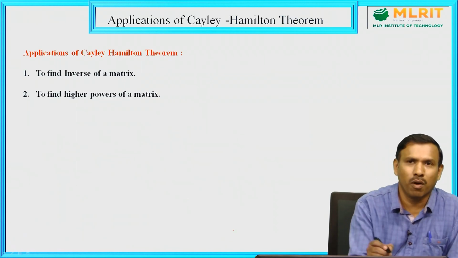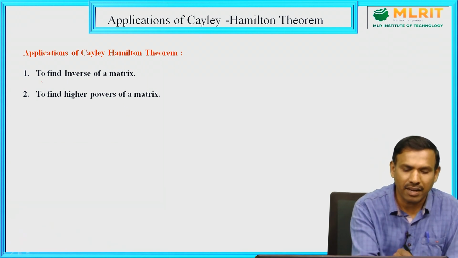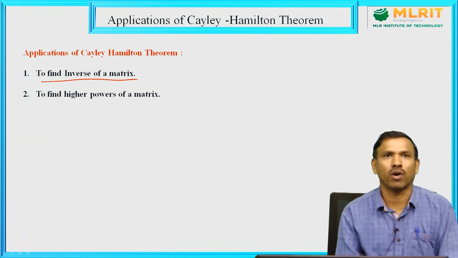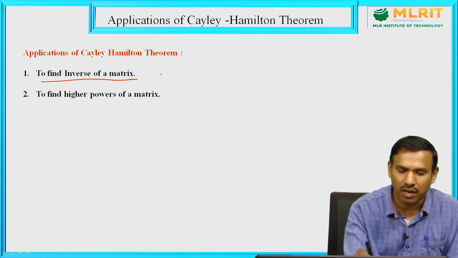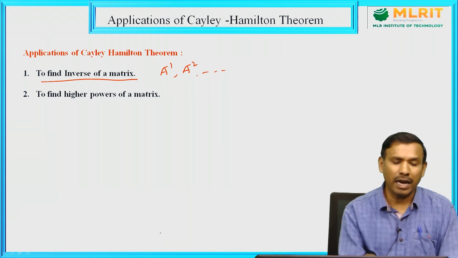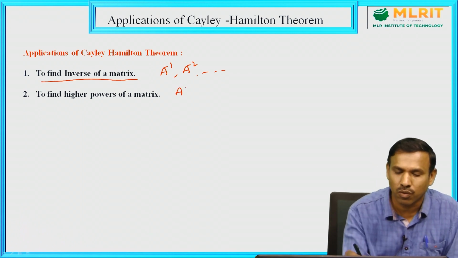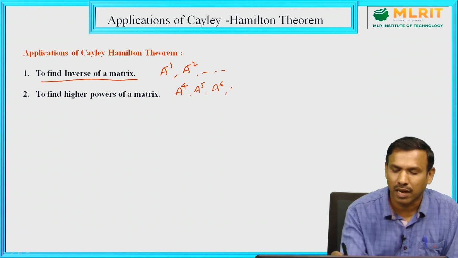Here we have small applications of the Cayley-Hamilton theorem. We can find the inverse of any given square matrix, such as A inverse, A power minus 2. We can find inverses using the Cayley-Hamilton theorem. And we can find higher powers of a matrix, meaning A power 4, A power 5, A power 6, A power 8.